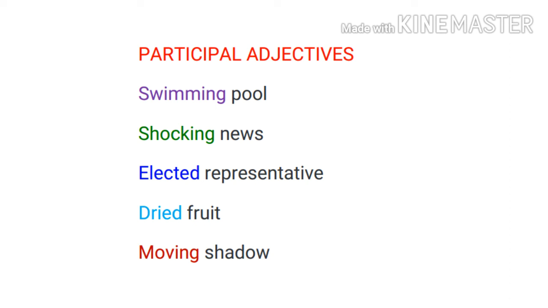Swimming pool, shocking news, elected representatives, dried fruit, moving shadow, etc. Here we have used some participle verbs to describe pool, news, representatives, fruit, shadow and all. We should know one thing. When we say swimming pool, it implies a pool meant for swimming. It doesn't mean a pool that swims. Similarly, when we say walking stick, it implies a stick used for walking, not a stick that walks.